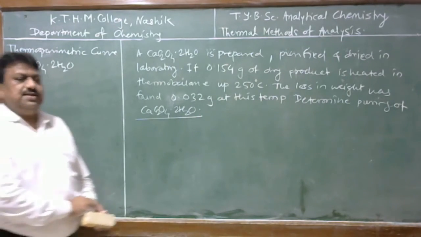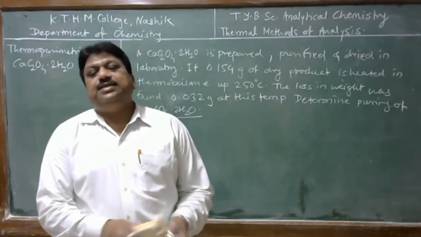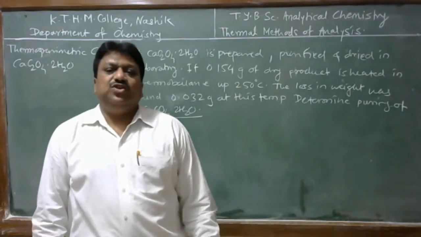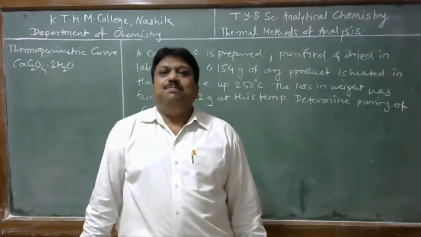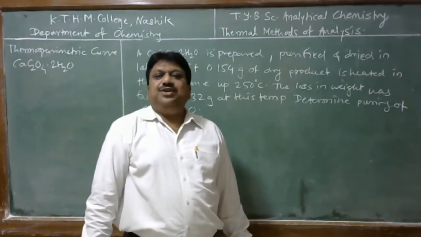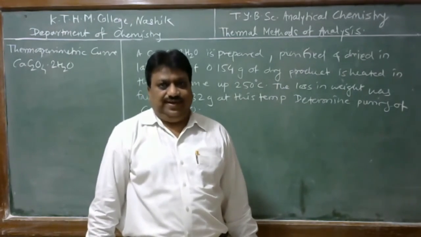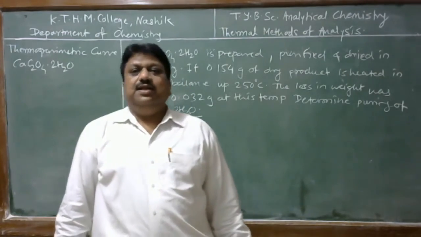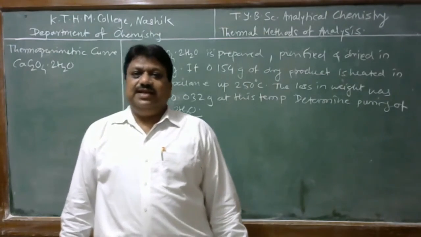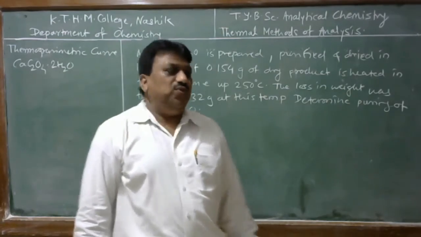Now in this case, calcium oxalate is prepared in the laboratory, recrystallized and dried. After that, for determination of purity of the substance, the sample is placed in a thermobalance and up to 250 degrees centigrade, the loss in weight is recorded. When we heat this calcium oxalate dihydrate up to 250 degrees centigrade, there is loss of water molecules.